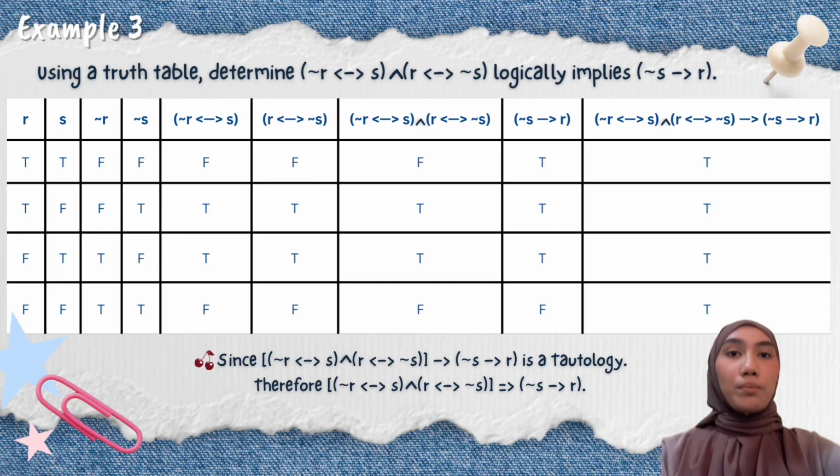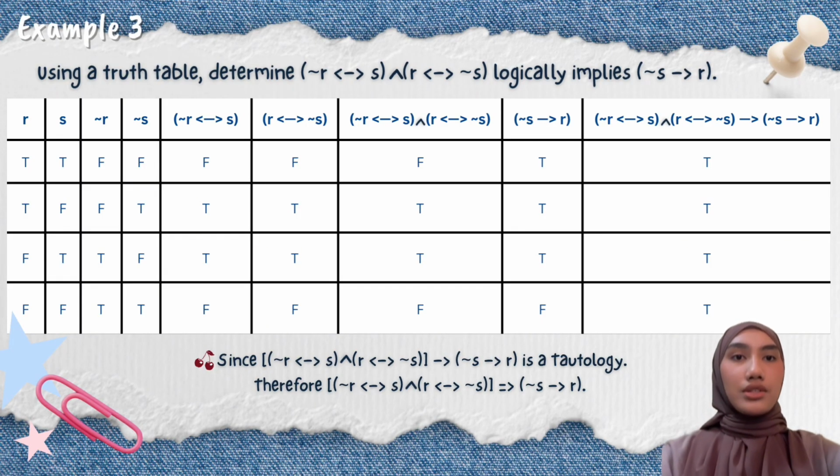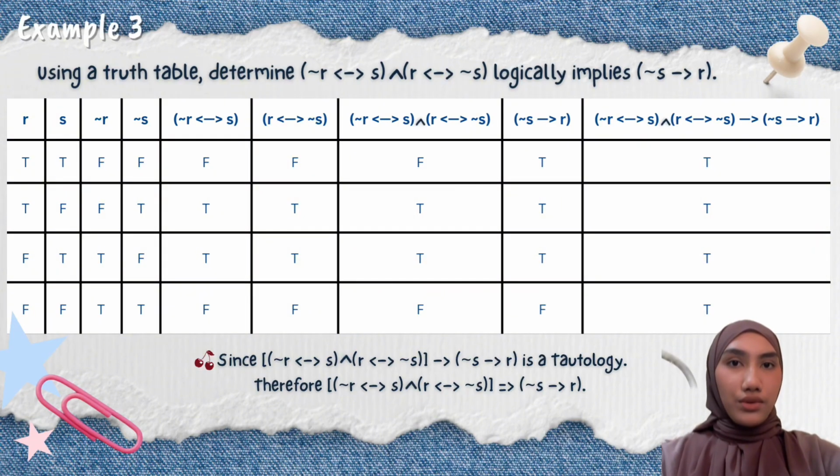Then we combine these two results using the AND operator to obtain (not R biconditional S) and (R biconditional not S). Then we got false, true, true, false. Next, we evaluate the implication not S implies R, which is true, true, true, false.